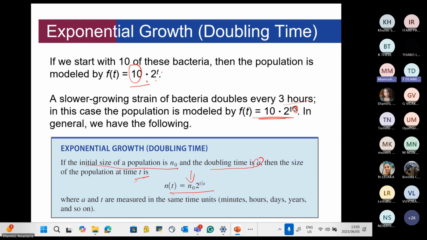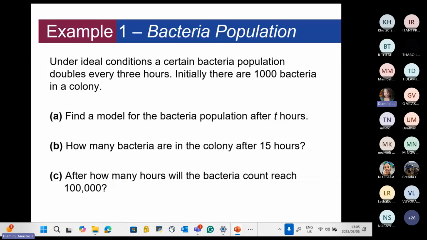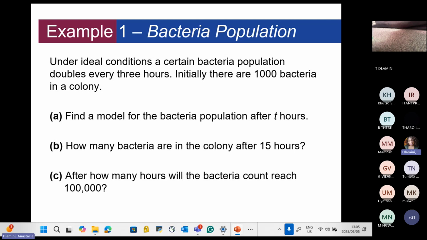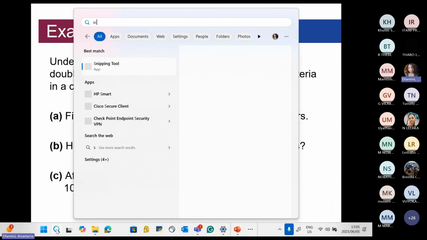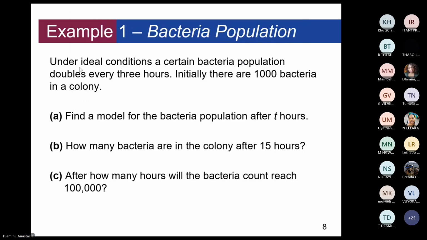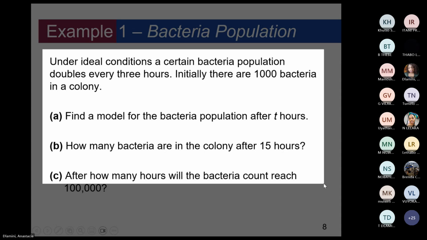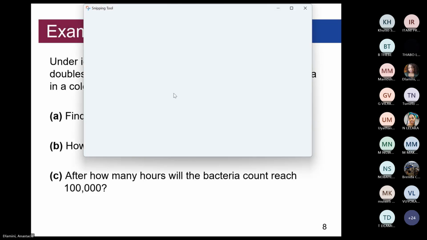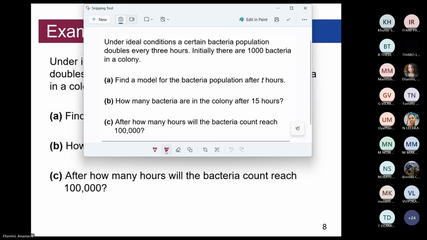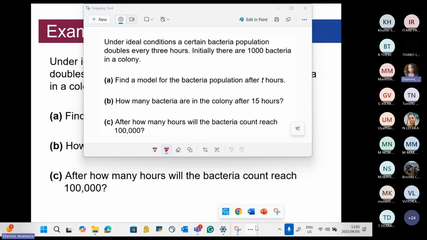Yes. So now example 1: under ideal conditions, a certain bacteria population doubles every 3 hours. Let me take a screenshot so we answer this question. I need a screenshot.